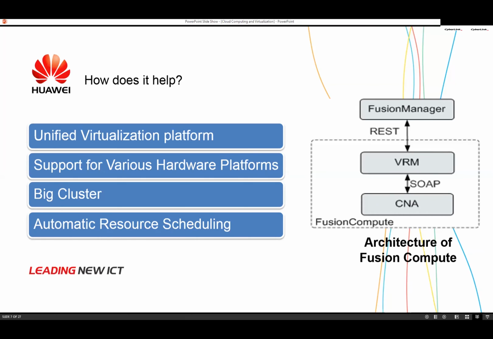Then we have the VRM, which stands for Virtual Resource Manager, and it provides the following functions. It manages the block storage resources in the cluster. It allocates private IP addresses for virtual machines using dynamic host configuration protocol. It manages nodes in the computing cluster and maps physical computing resources to virtual computing resources.